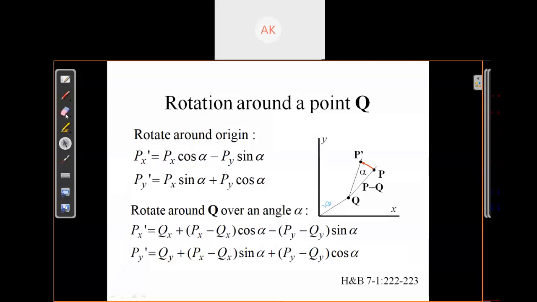Here your rotational point is not the origin.